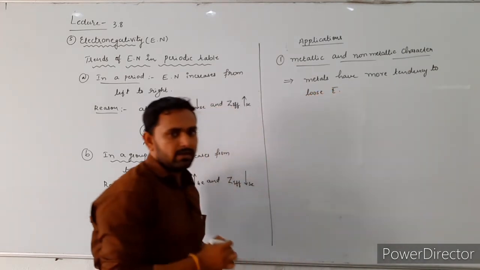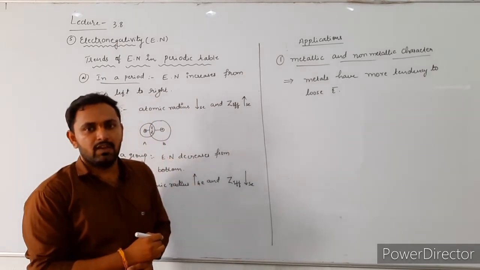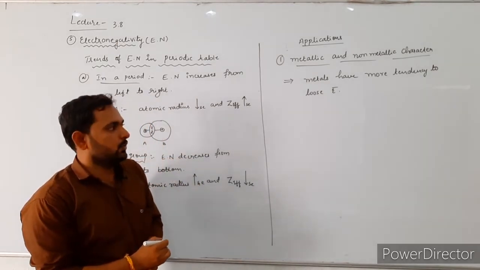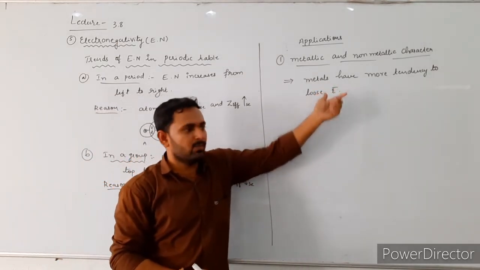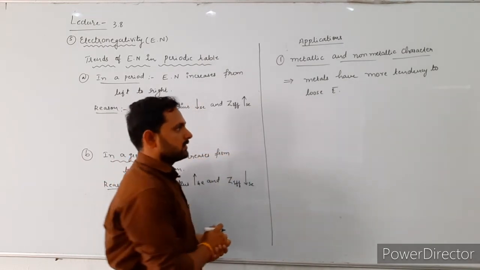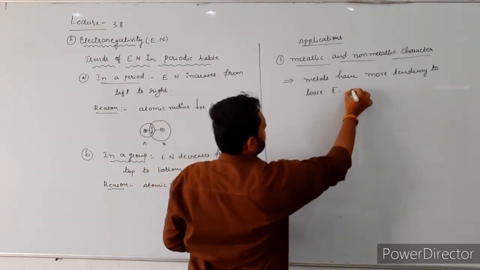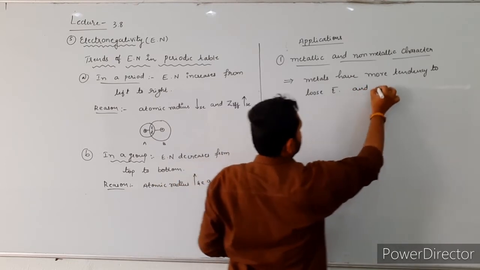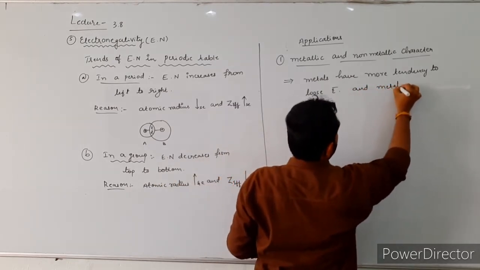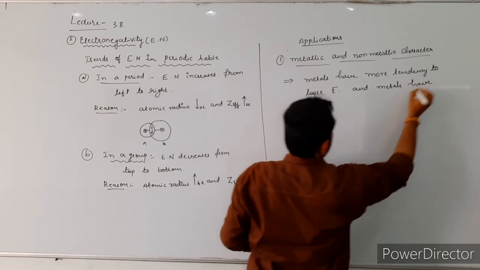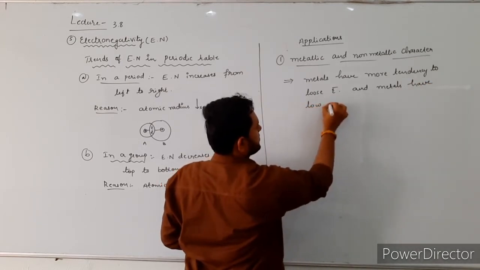Why do they have more tendency to lose electrons? Because of larger size. Due to larger size, metals have more tendency to lose electrons, and metals have low electronegativities.